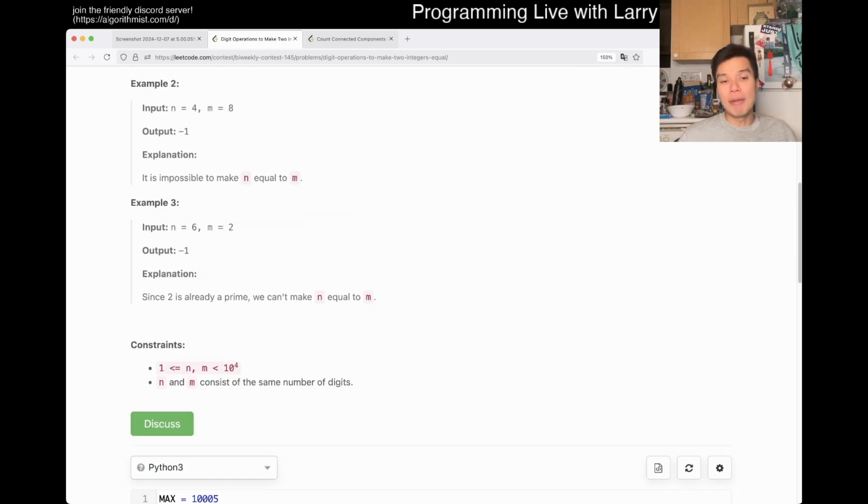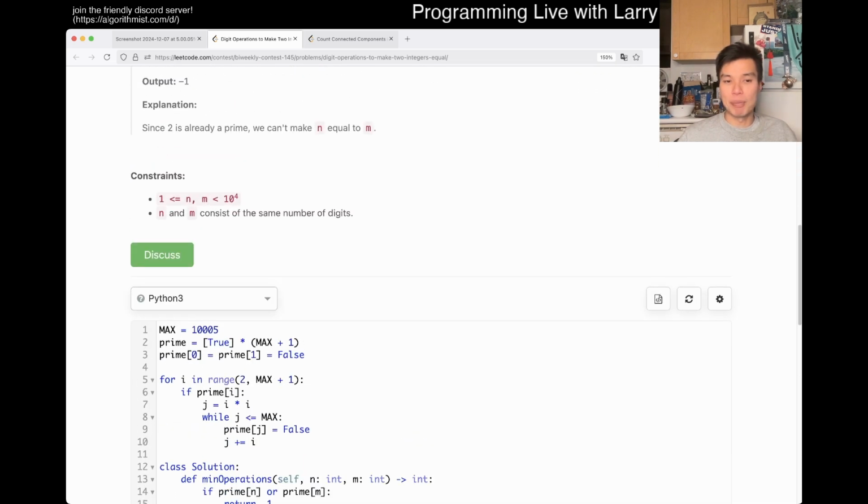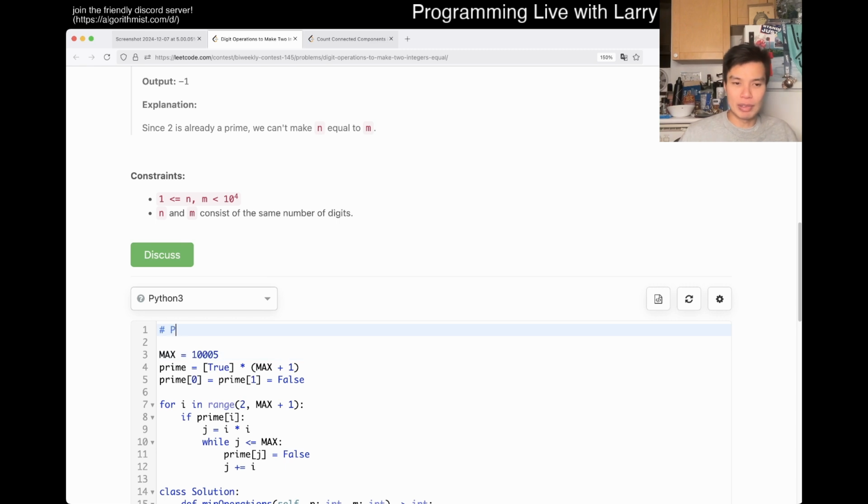But either way, the first thing to do is the prime sieve. I'm not going to go over this one here in this video. It is a Q3, so I feel like the prime sieve is probably something that is expected at this point on Leetcode. It is also known as the Sieve of Eratosthenes.